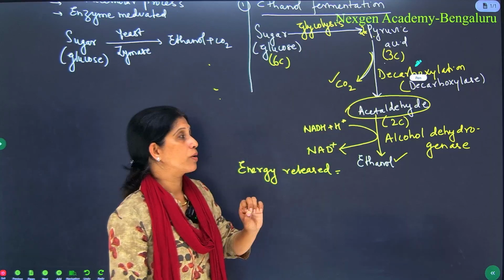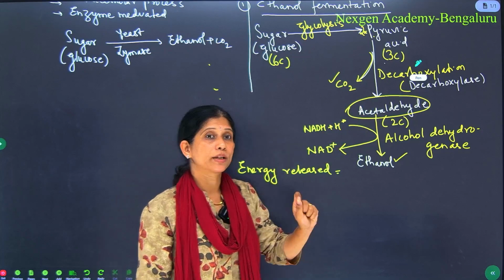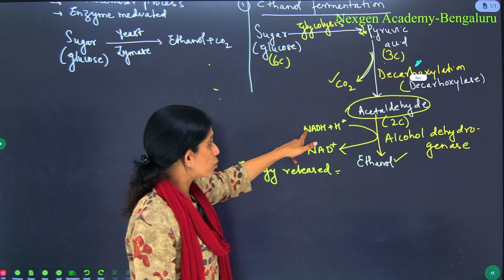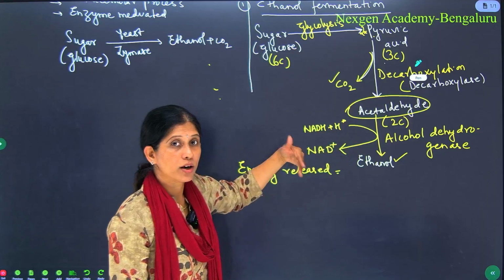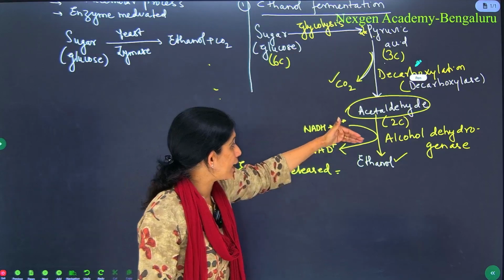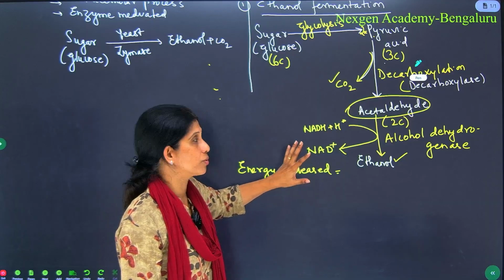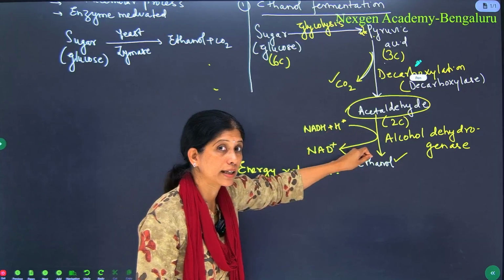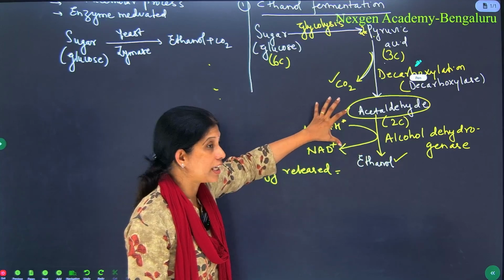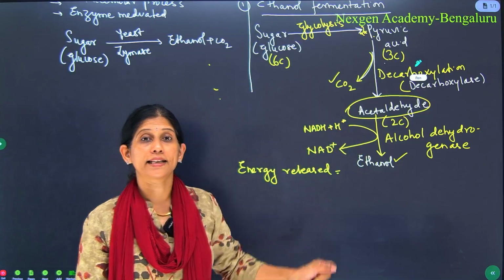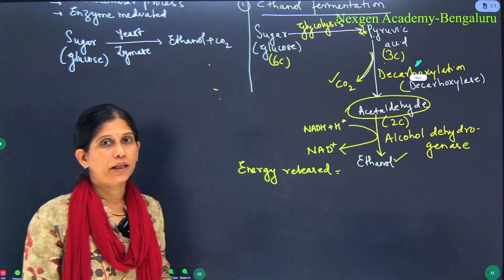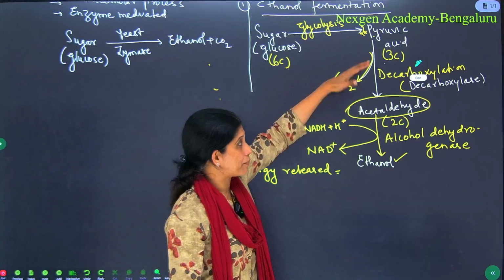One very important thing: many times students don't remember we are using NADH here. What they recall is that we are using NAD and NADH is produced. NADH is not produced here. NADH is used here.